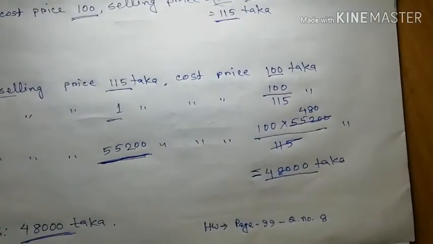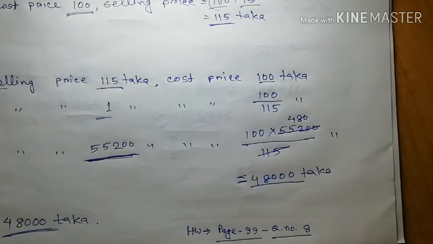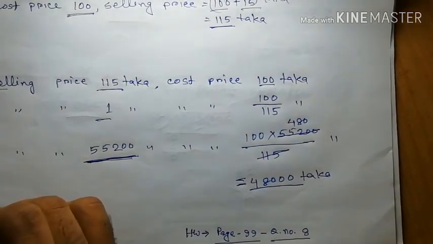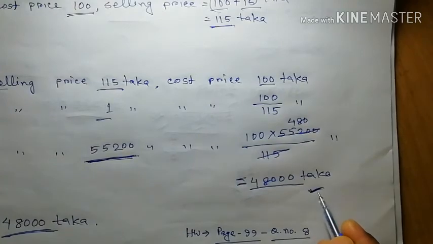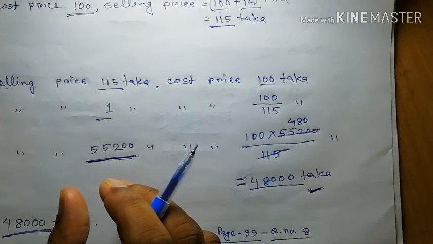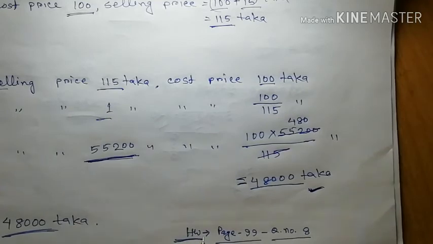Now your SW: open your board book, open your main book, page 99, question number 8, same question. It will be done in your SW copy. This math you did in your CW copy, and this SW is the same.